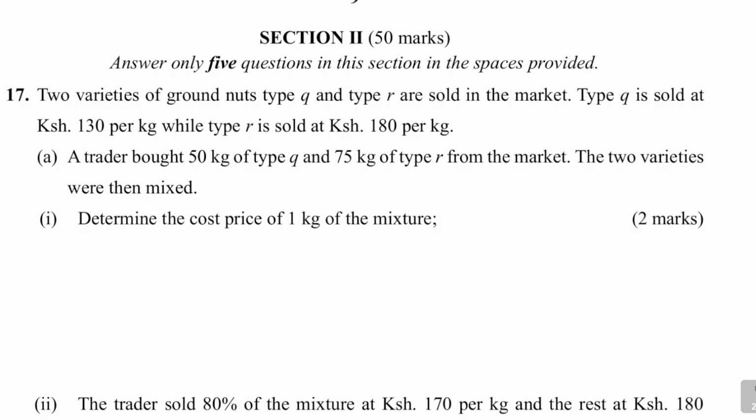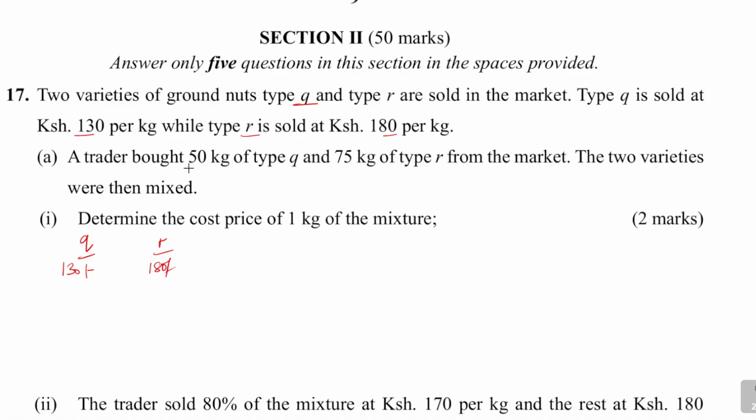So we have two varieties of groundnuts, type Q and type R. Type Q is sold at 130 per kg, and type R is sold at 180 per kg.